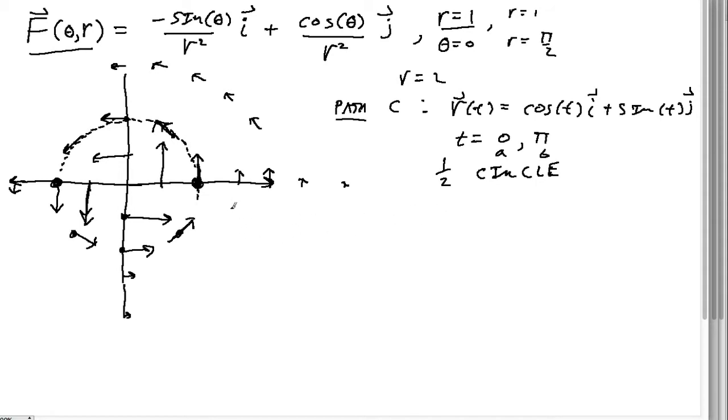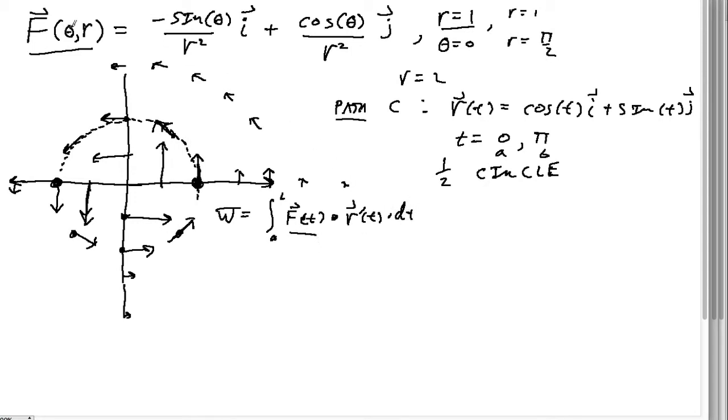All right, so now what we need to do is compute. So remember the formula. The work is equal to the integral from a to b of f at the parameterized path dotted by r prime of t dt. So what is f of t?